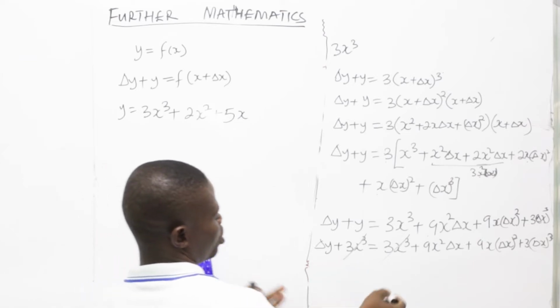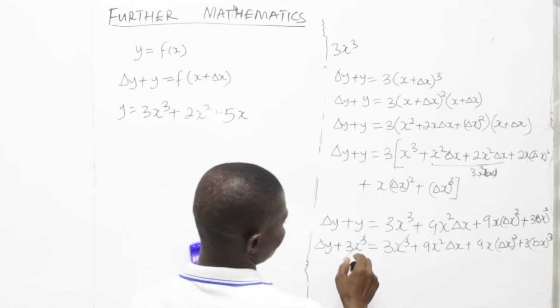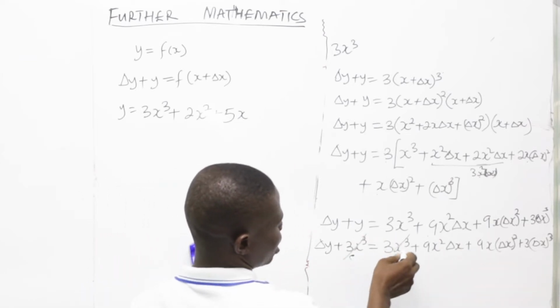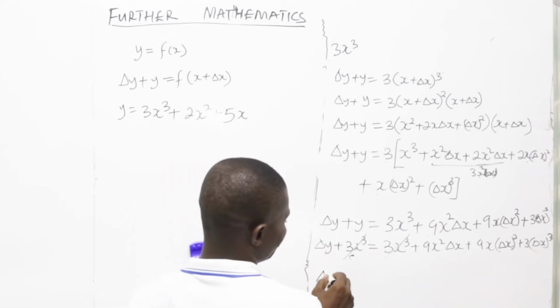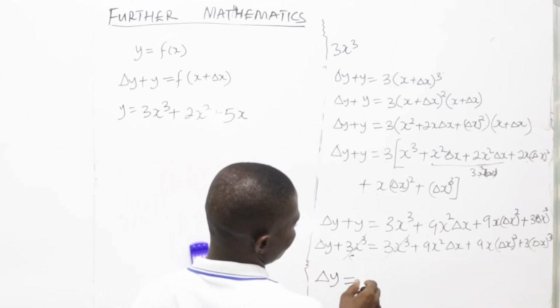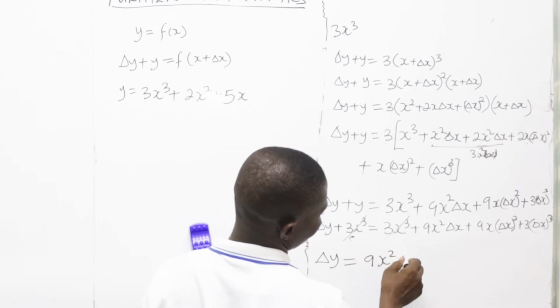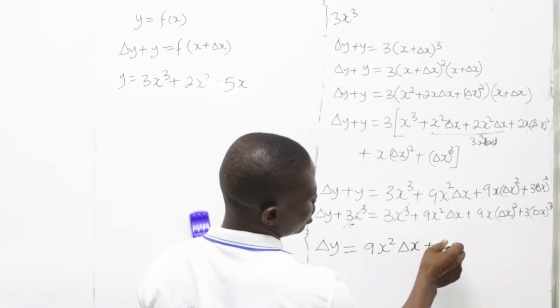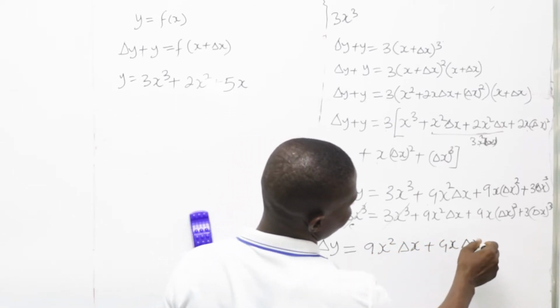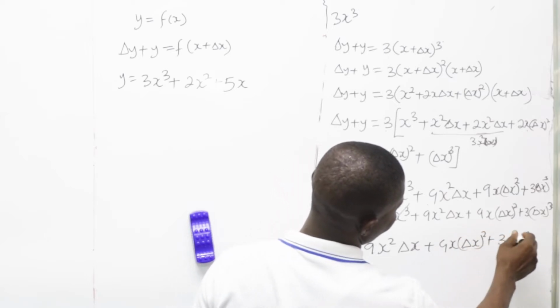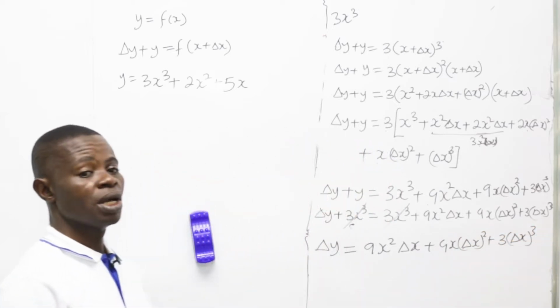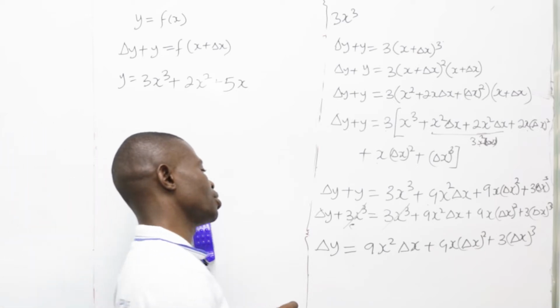But if you don't want to, you take this to the left hand side, whereby 3x cubed will subtract itself from 3x cubed. Meaning that change in y equals 9x squared change in x plus 9x change in x all squared plus 3 change in x all cubed.